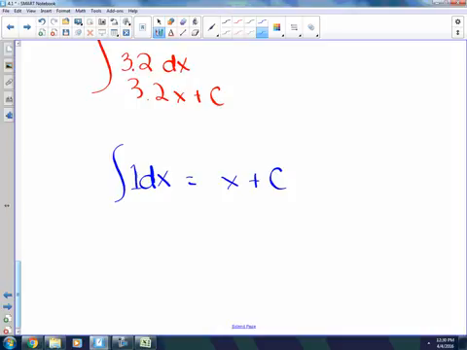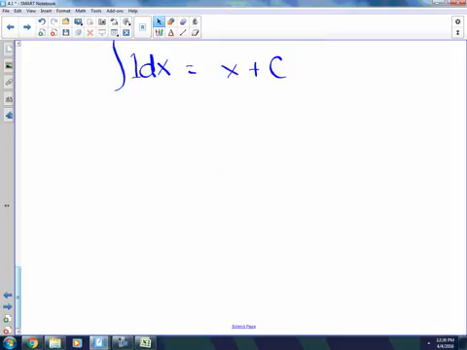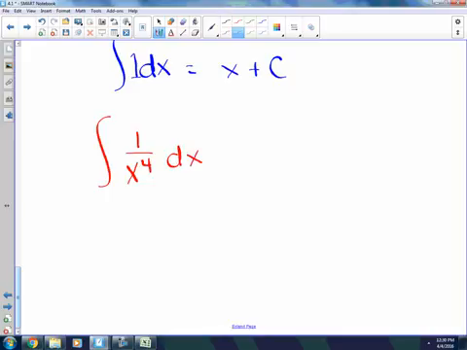All right, let me give you this one. Okay, now, just like when we were deriving, you cannot do power rule until that power is in the numerator. So you got to fix it first.